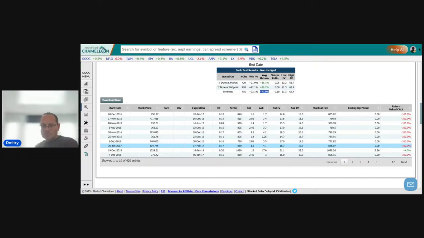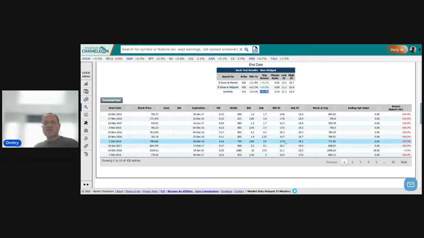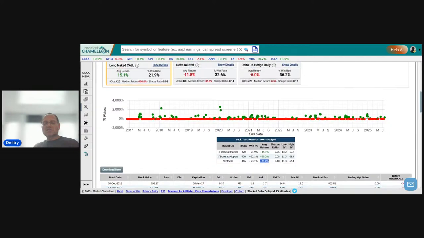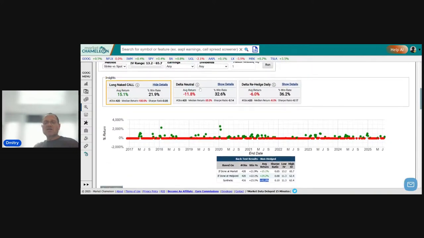Now, really quickly, I'm not going to take a lot more time, but let's say we decided to trade this delta neutral. So instead of just buying this option outright and waiting till the end of expiration to see how we did, what if we traded delta neutral?